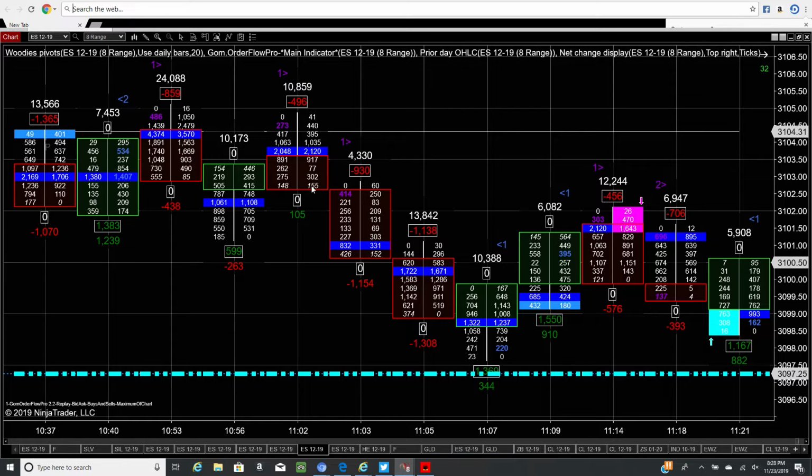So you had a signal here, and then you had a flip signal on the very next bar. So really, that's the reason that I brought up this particular chart from Friday, because there's a couple of things I can show you. I can show you these signals right here, right?